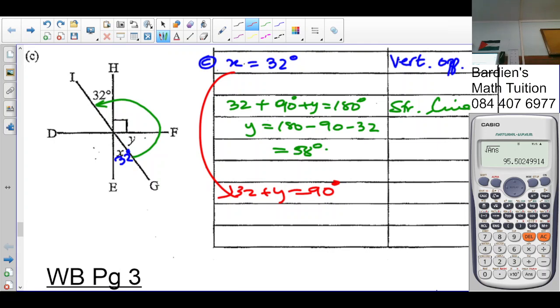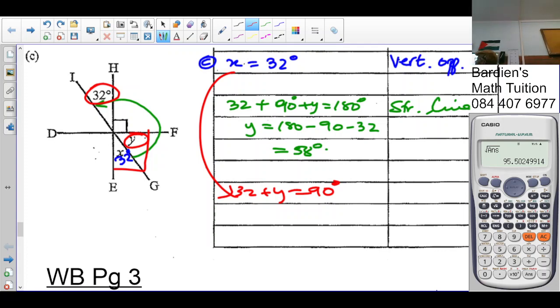Because it's a right angle. And why is it a right angle? How is this angle and that angle a right angle? No, not that. The whole part of that is a right angle. This here is a right angle. Oh, yes, it is a right angle. But then what's your reason going to be?